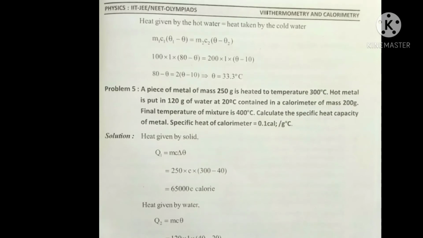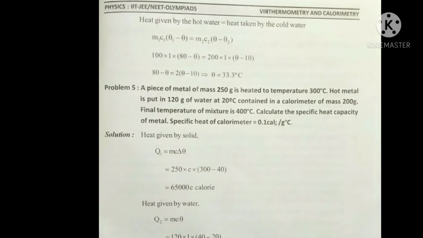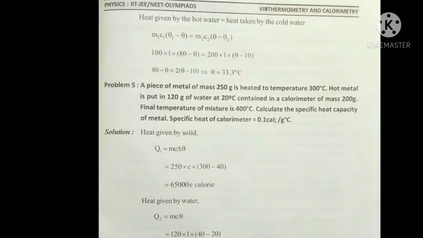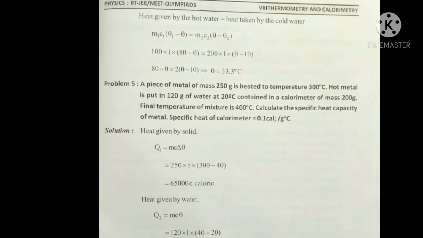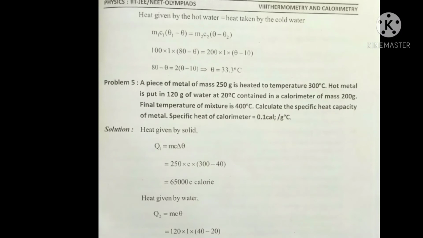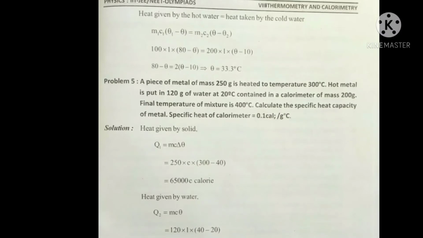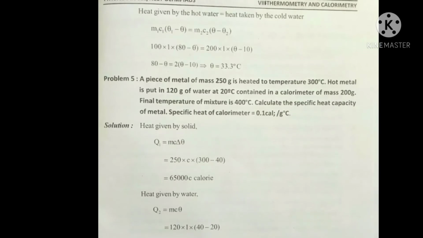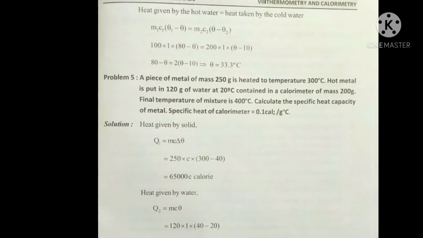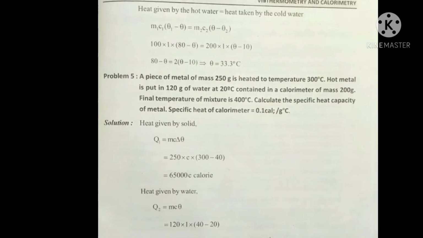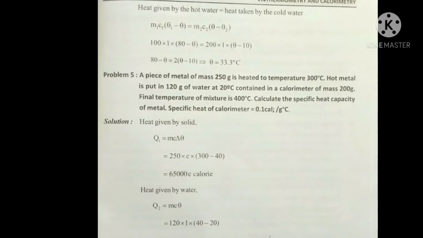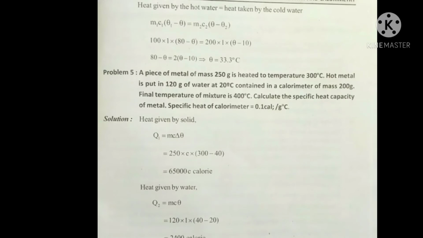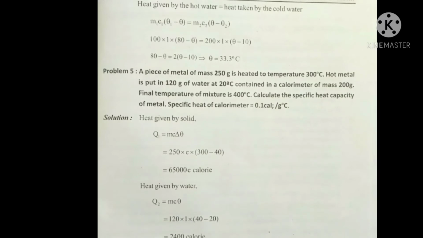Here our formula is M into C into change in temperature delta T. We balance this statement using our formula: M1 into C1 into theta 1 minus theta, where theta is the temperature of the mixture, equals M2 into C2 into theta minus theta 2. Here theta 1 is the hotter body temperature and theta 2 is the cold water temperature.